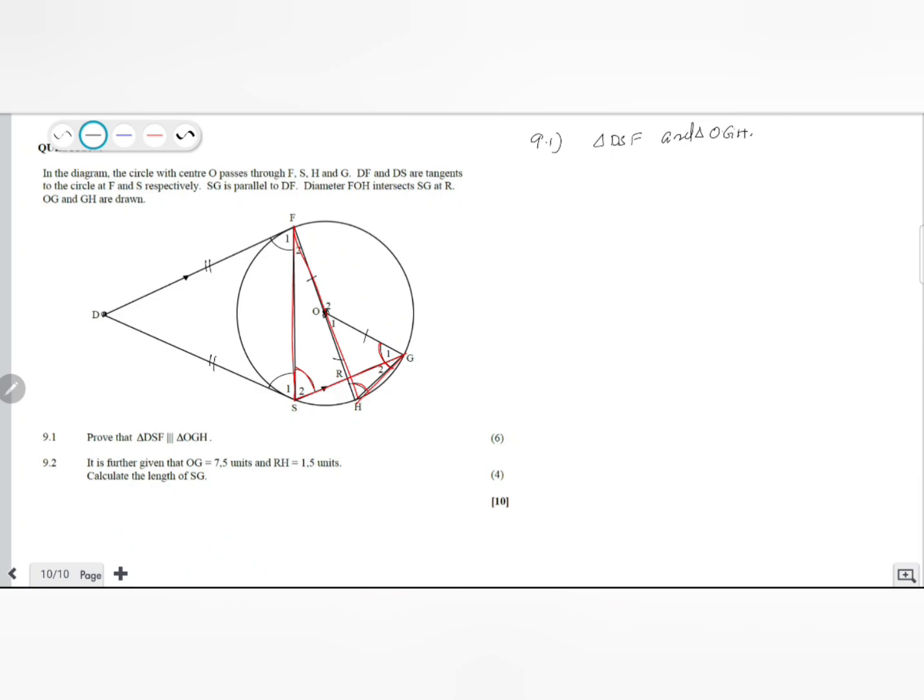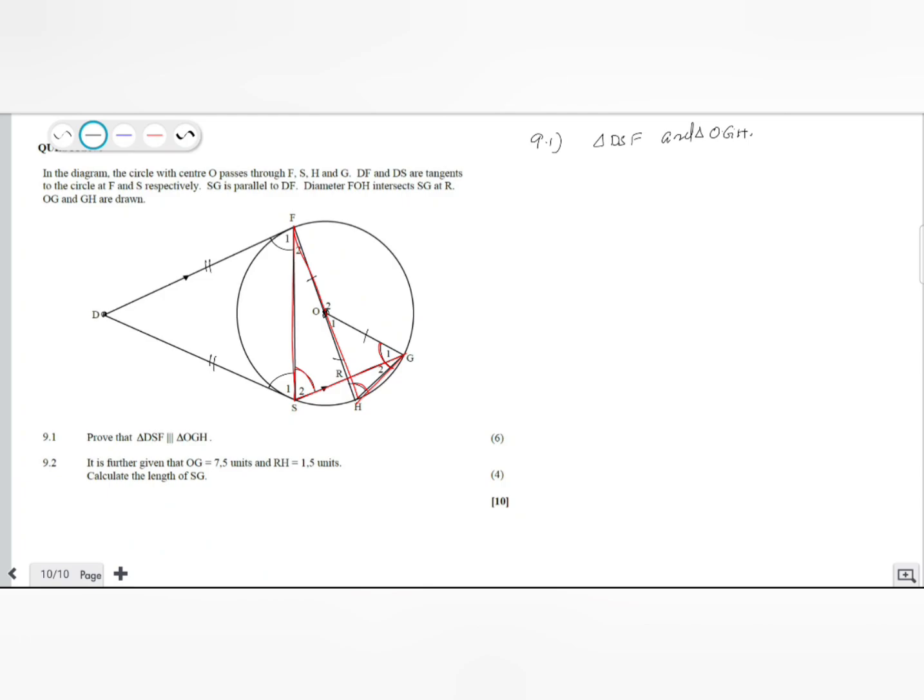Here, how do you prove that? Just show that the corresponding angles are equal. That is, D is equal to O, S is equal to G, and F is equal to H, with valid reasons. Just show that out of three pairs, only two of them are equal with the valid reason.